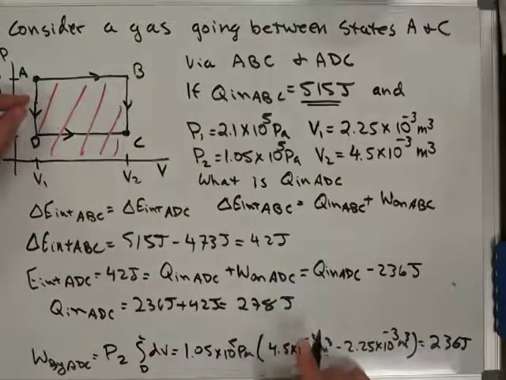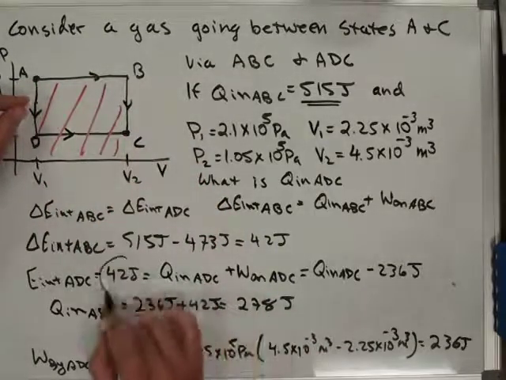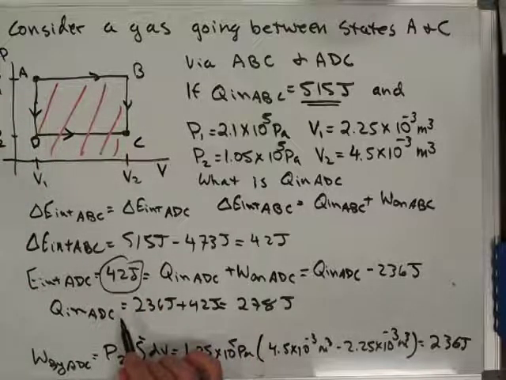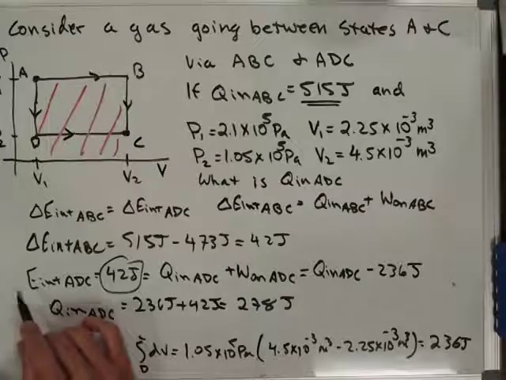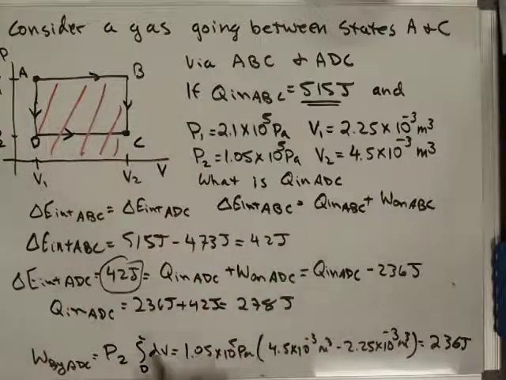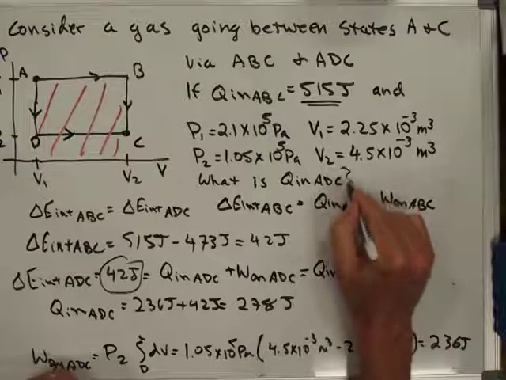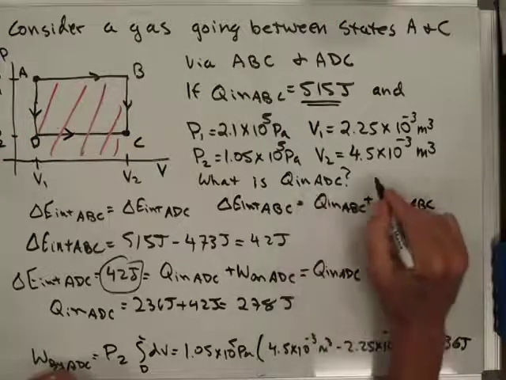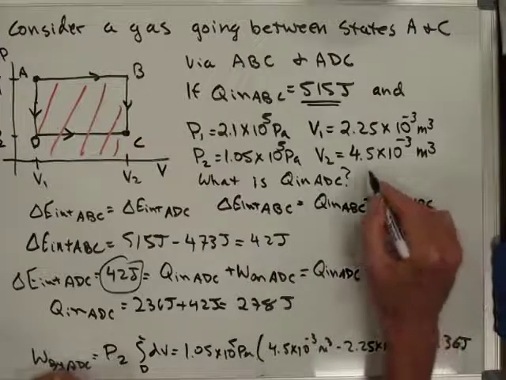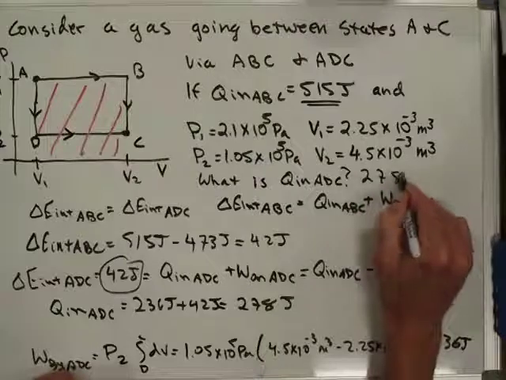And in both cases, I end up with 42 joules as the overall change in internal energy from going from A to C, following either path. The answer to the question, what is Q in ADC, is 278 joules.